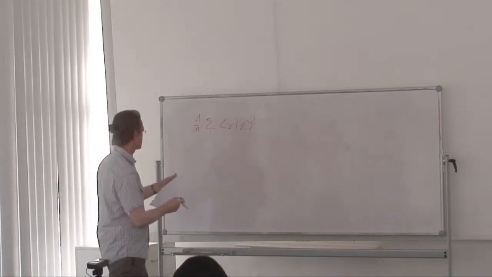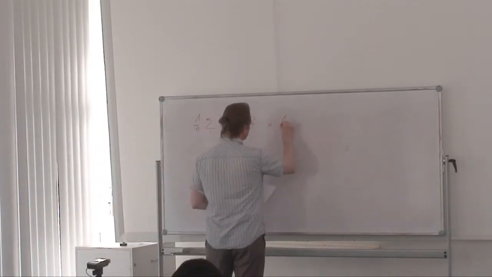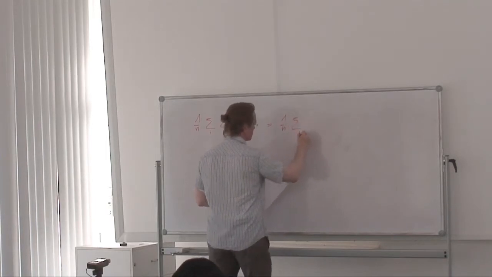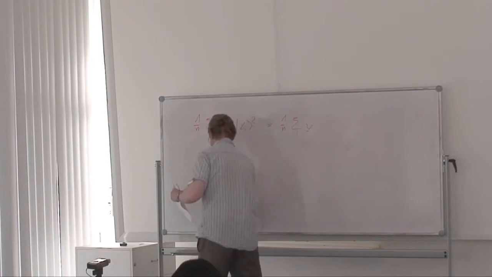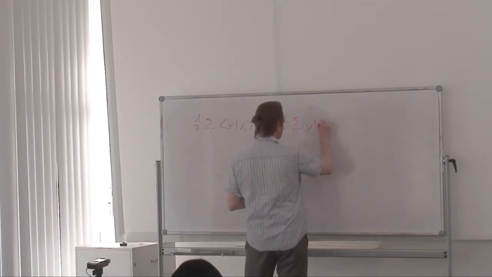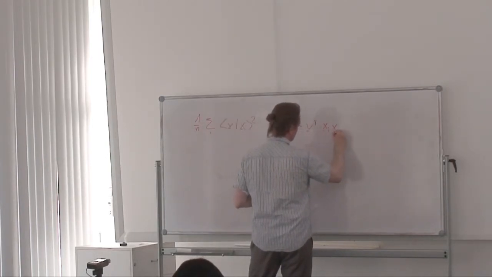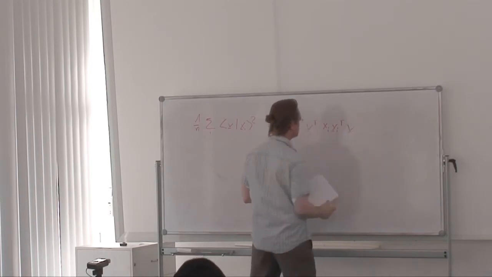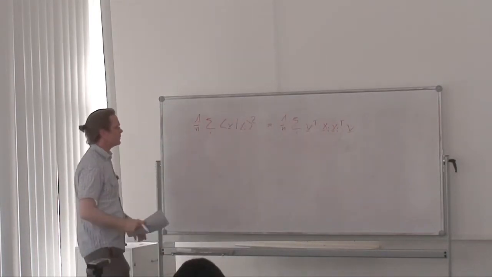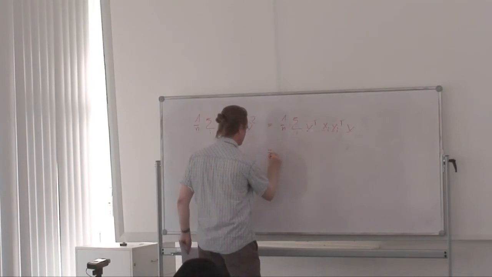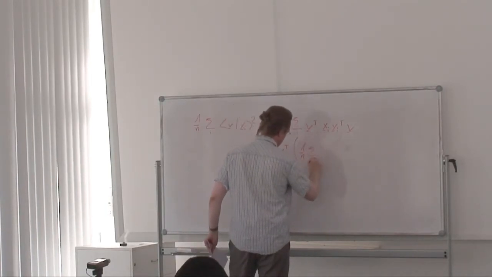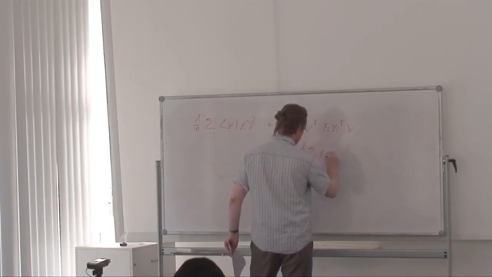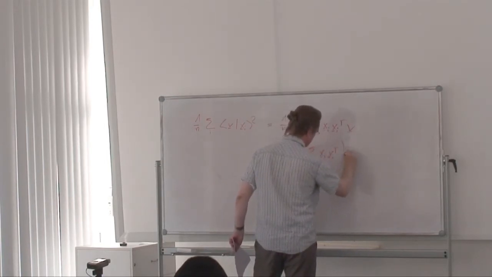Given what we just discussed, we can write this as 1 over n sum over i of v transposed times xi times xi transposed times v, which we can write as v transposed times 1 over n sum over i of xi xi transposed times v.